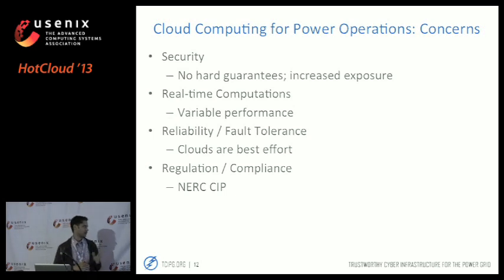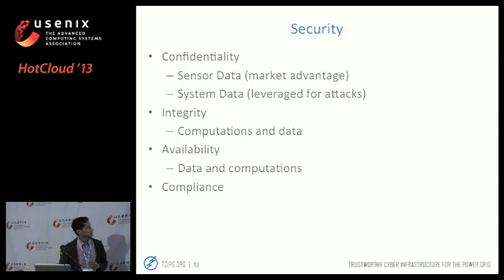And regulation is a huge bottleneck, because right now these companies have to meet strict compliance rules. In recent discussions, what we heard was that if people straightforwardly apply NERC to move to clouds, power sectors will have to demand background checks on all the employees at the cloud operator and maybe the tenants as well. So it's not set up for using clouds right now.